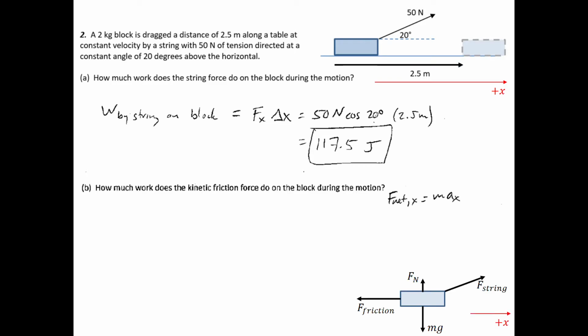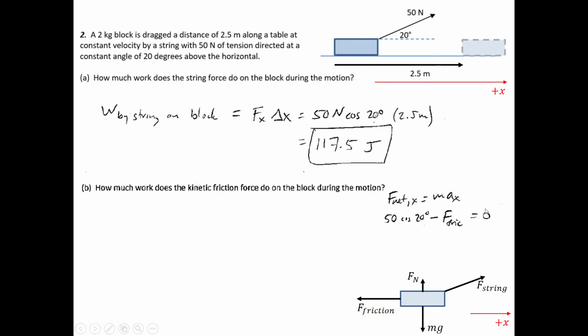And how are we going to figure that out? Well, of course, we'll do a free body diagram, and the first thing we're going to try to figure out is how big does this friction force have to be to make the acceleration zero? So I've drawn a free body diagram with the weight, the normal force, the string force, and the friction force. Those are the forces that are on the box during the motion, and we're going to use F net x equals m ax.